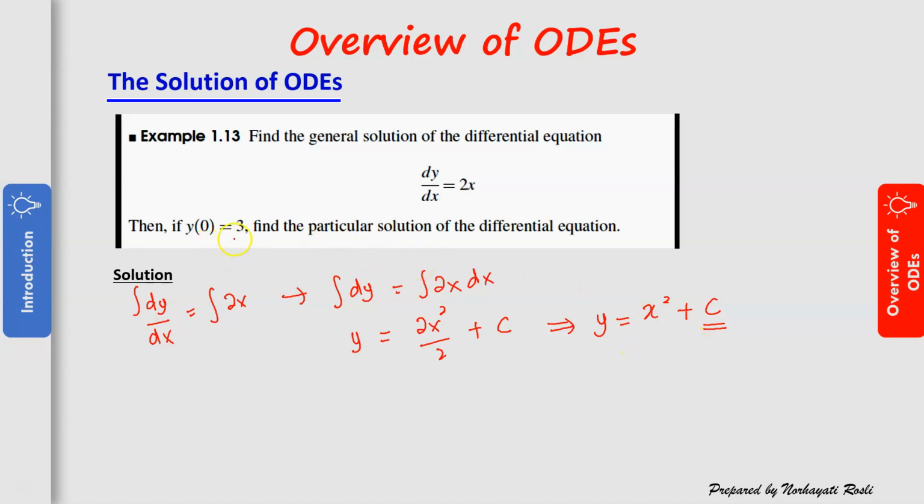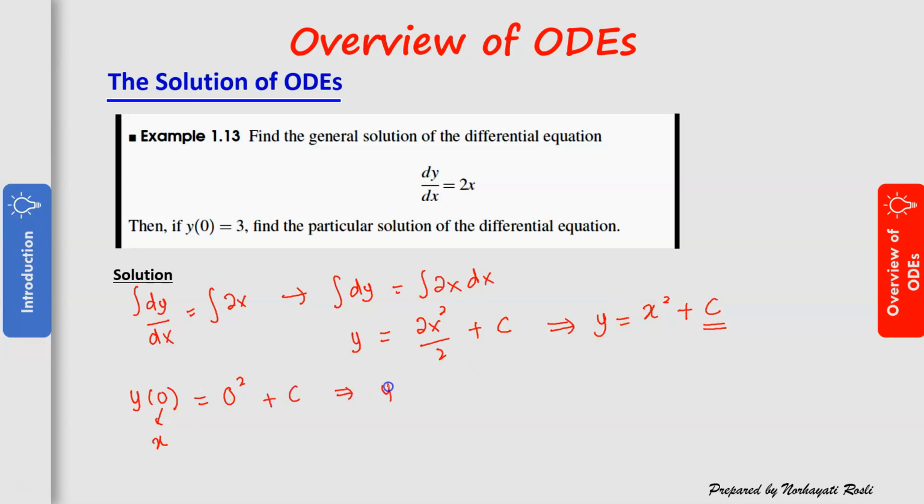Then, if y(0) equals 3, the question asks you to find the particular solution of the differential equation. Means that when y(0) equals 3, you can substitute x equals 0: y(0) equals 0 squared plus c.